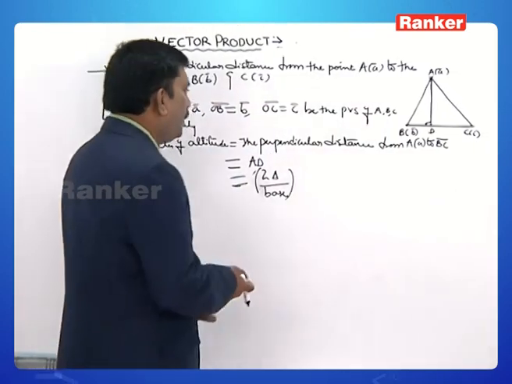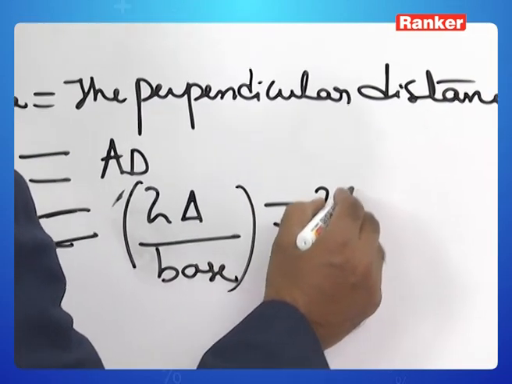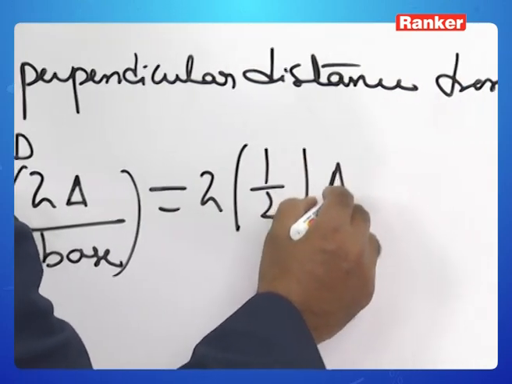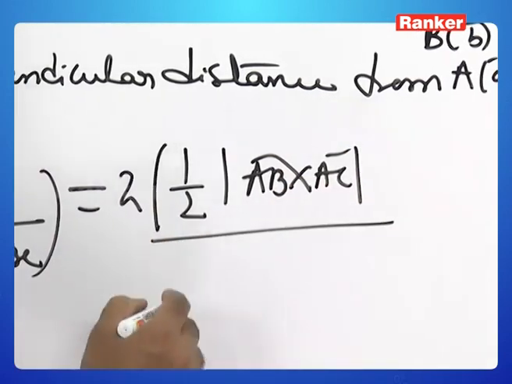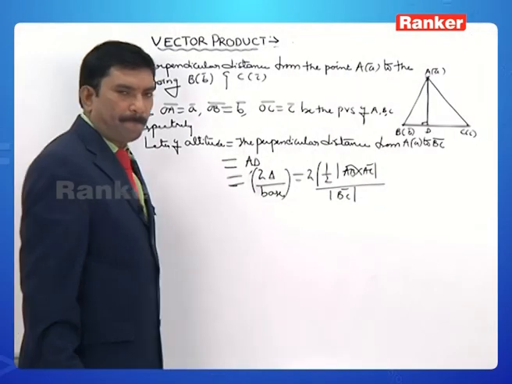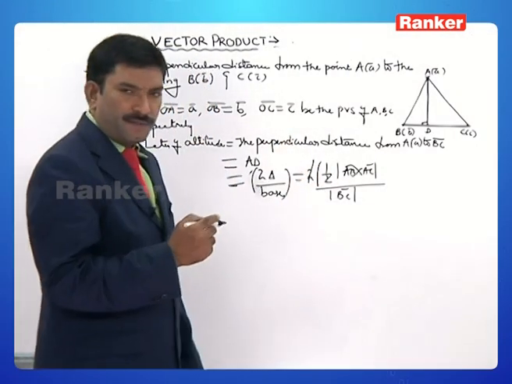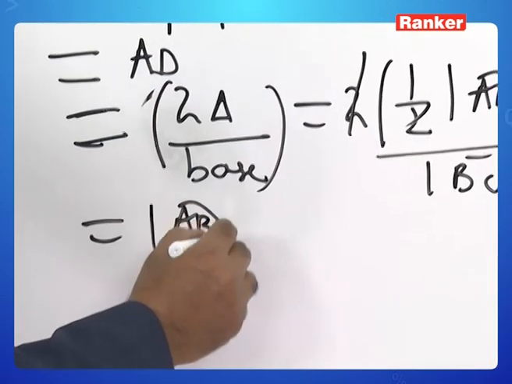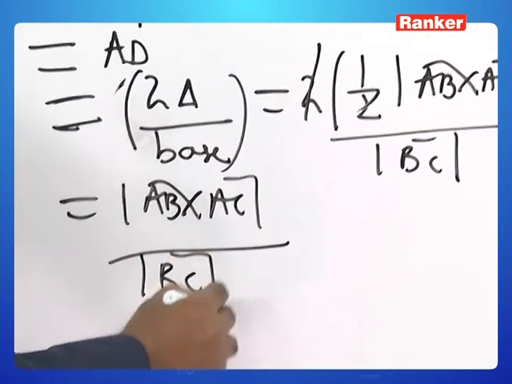So therefore, now I can write twice, half into modulus of AB bar cross AC bar by what is base? Modulus of BC bar. I can write 2 gets cancelled. So therefore, modulus of AB bar cross AC bar by modulus of BC bar.